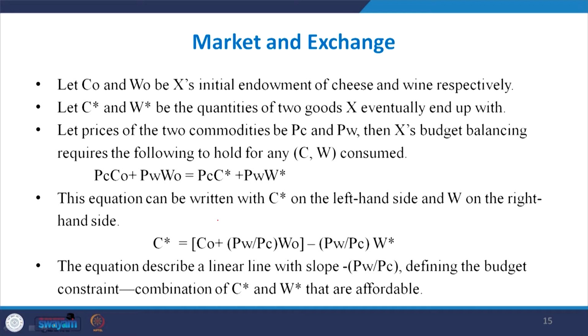So, PC C0 plus PW W0 is the total value of cheese and wine available to X, and that will be equal to what the consumer X has after the trade, that is PC, the price of cheese, multiplied by the quantity of cheese, C star, plus PW W star, since the amount is not going anywhere; the exchange is between the two parties.